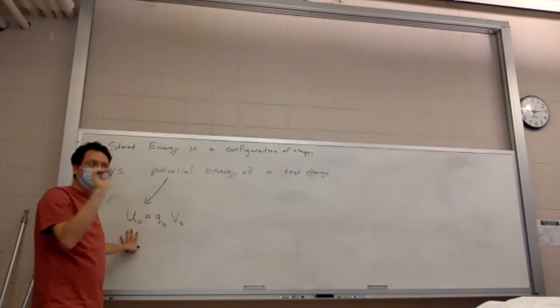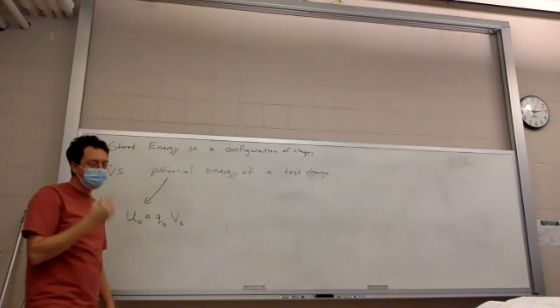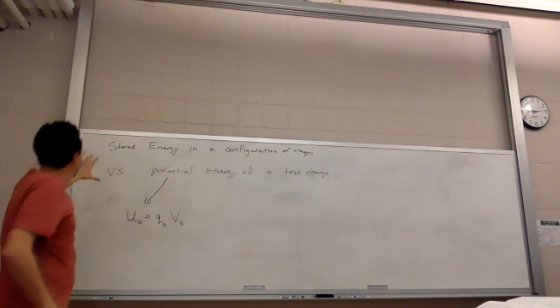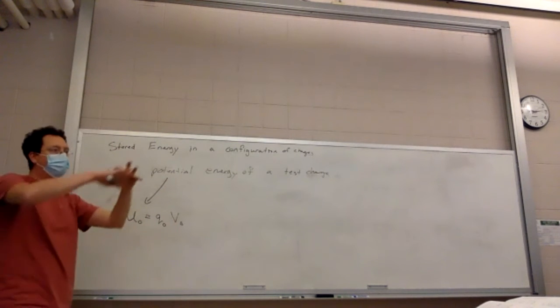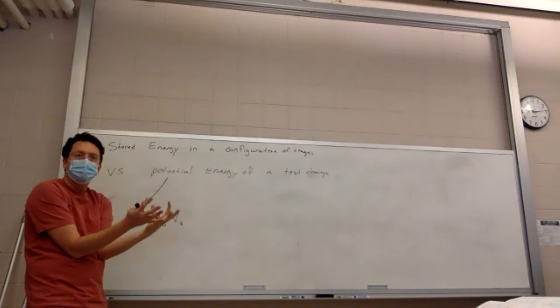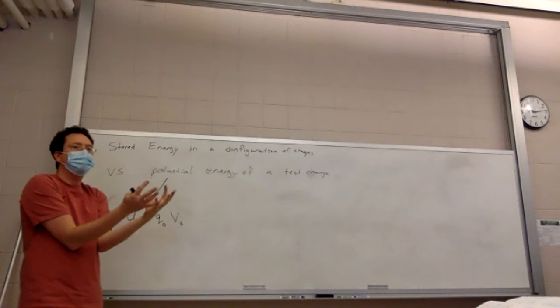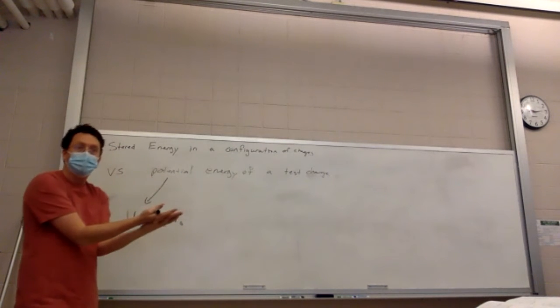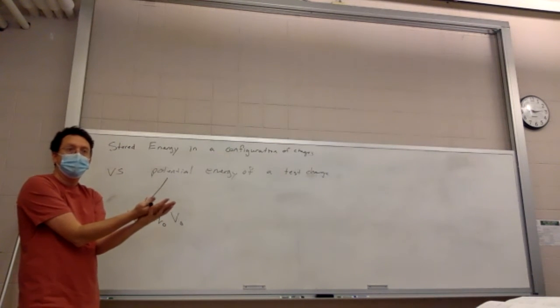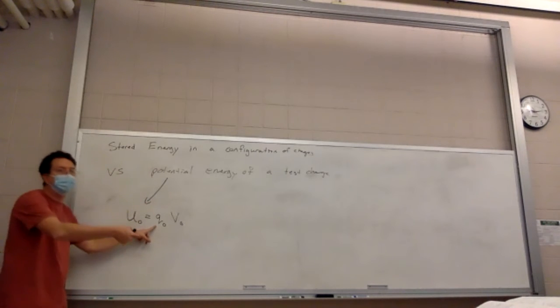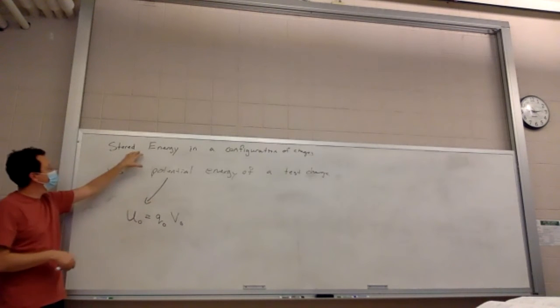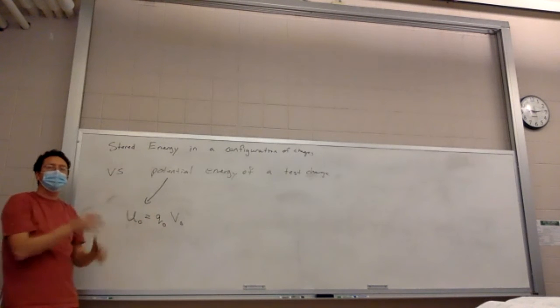Right? That's just one point charge. It's a different thing to look at a pile of charge and say how much potential energy does it have in it. Okay, so this is like the potential energy of adding one more, versus the energy that's already there.